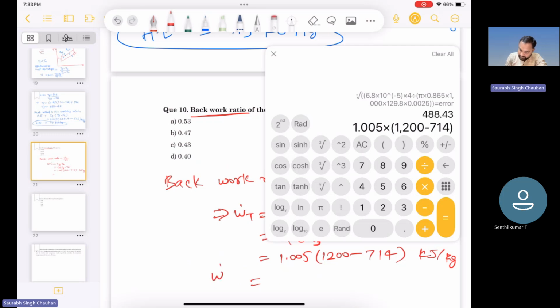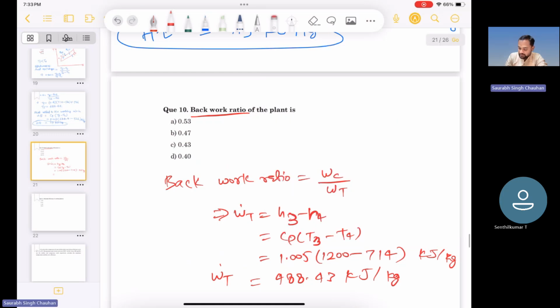So the work output from the turbine is 488.43 kilojoule per kg per second, of course.